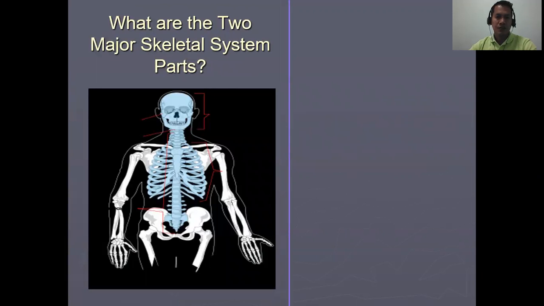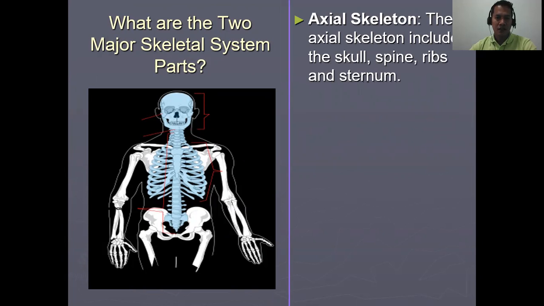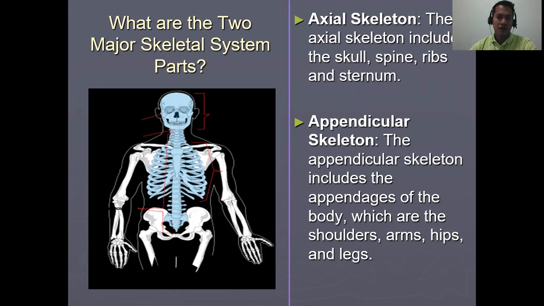Now, there are two major parts of the skeletal system. We call it the axial skeleton and the appendicular skeleton. So let's take a look at the axial skeleton. The axial skeleton comprises the skull, the spinal column, and the rib cage.